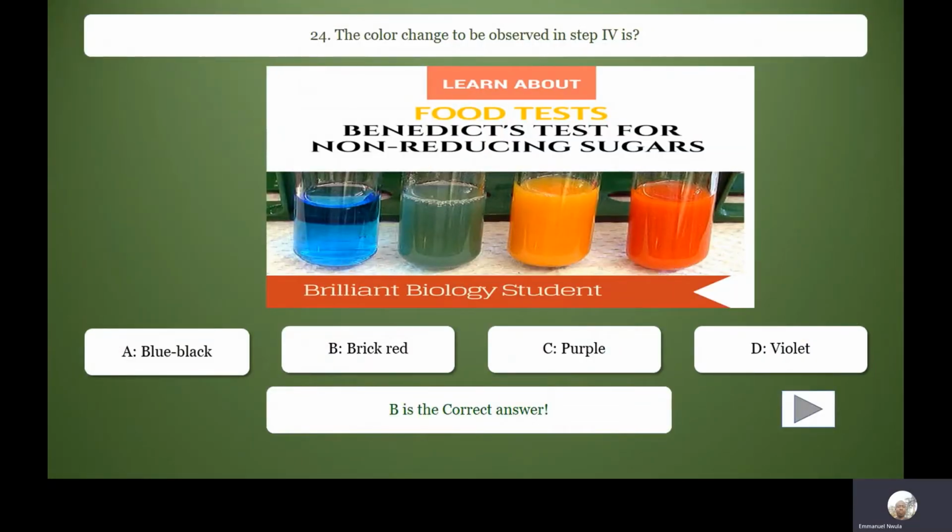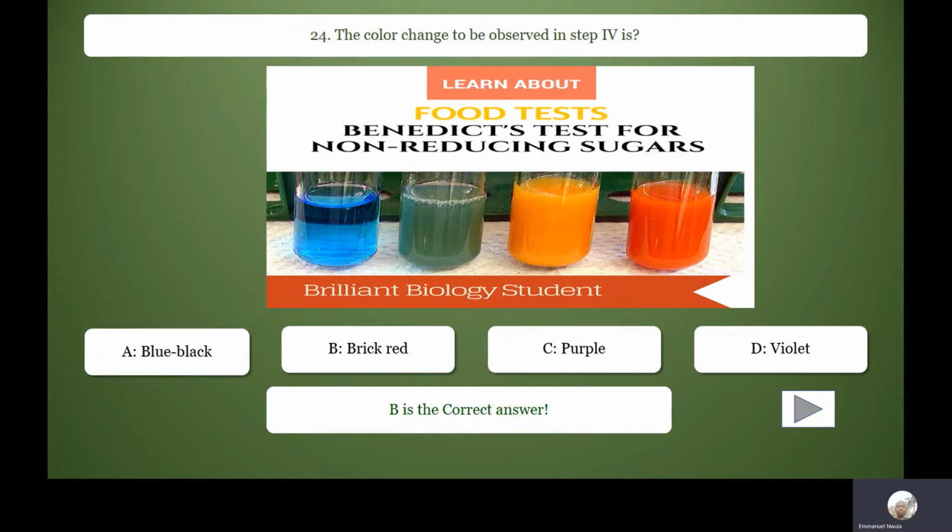The color change to be observed in step 4, that's after adding Benedict solution. In step 4, Benedict solution was added. So what's the color change at the end of that process? The correct answer is B, brick red. That's the positive color change. It shows that the reducing sugar is present.